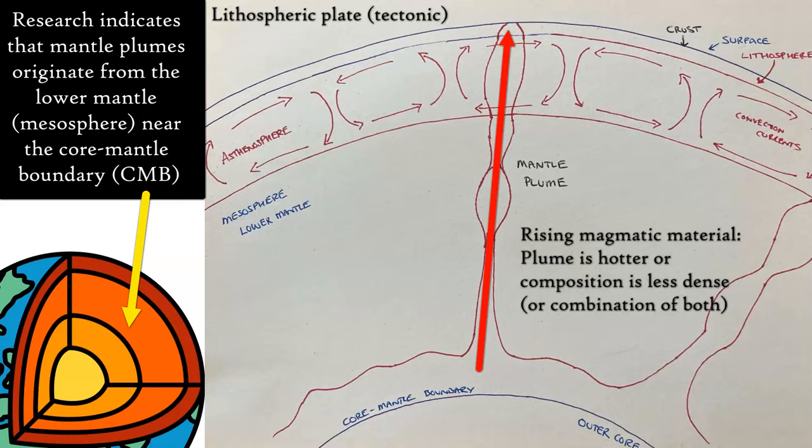It also creates decompression melting, which causes more of the rock around it to melt as it goes into an area of less pressure, so the liquid has an area to move.